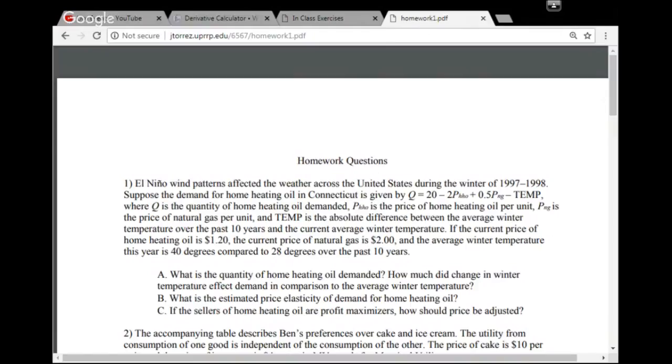So, I have the partial of Q with respect to P times P over Q, which gives me -2 times P over Q. Okay, so the partial right here is -2. What's the price of home heating oil?